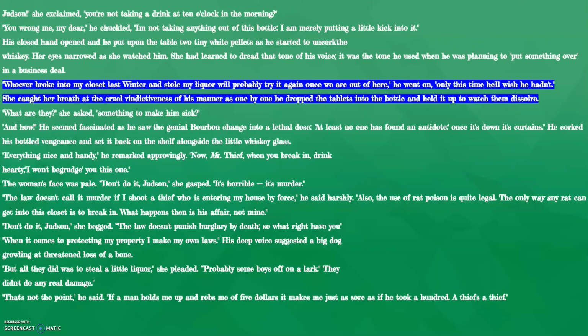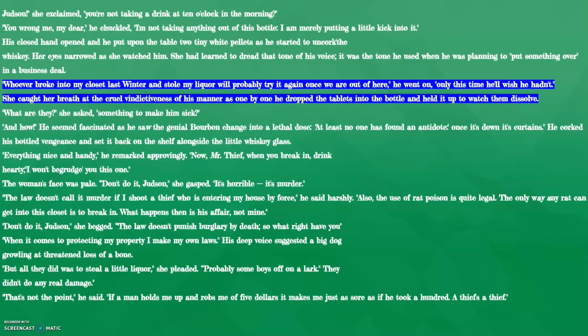So here we go. "Judson," she explained, "you're not taking a drink at 10 o'clock in the morning." "You wrong me, my dear," he chuckled. "I'm not taking anything out of this bottle. I'm merely putting a little kick into it." His closed hand opened as he put upon the table 2 tiny white pellets as he started to uncork the whiskey. Her eyes narrowed as she watched him. She had learned to dread the tone of his voice.